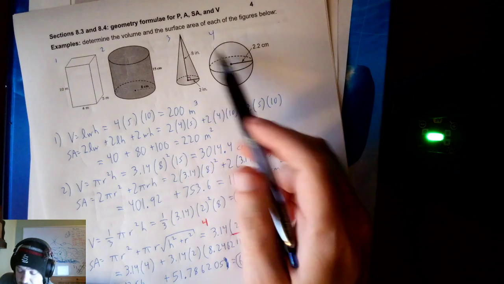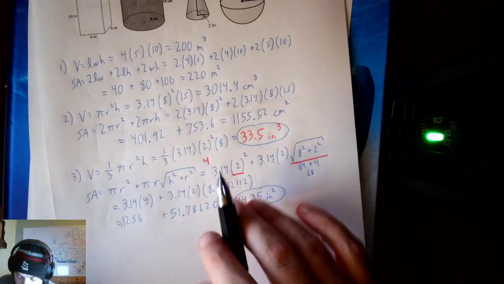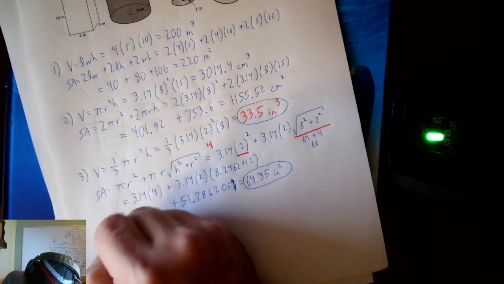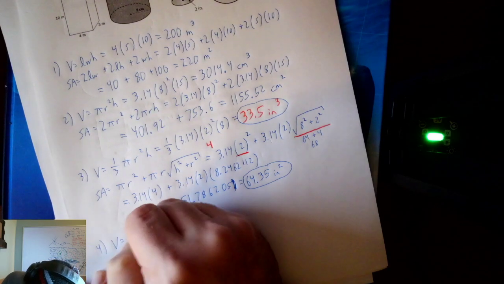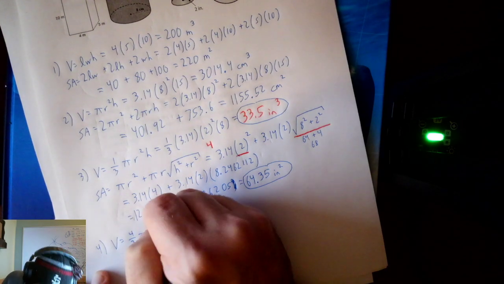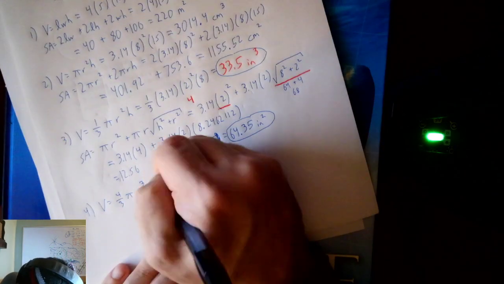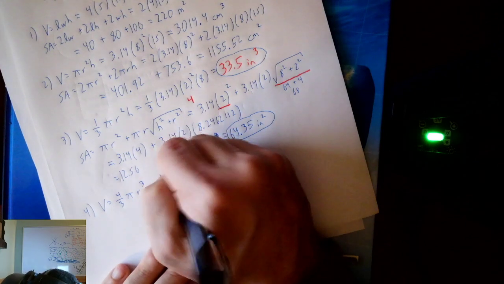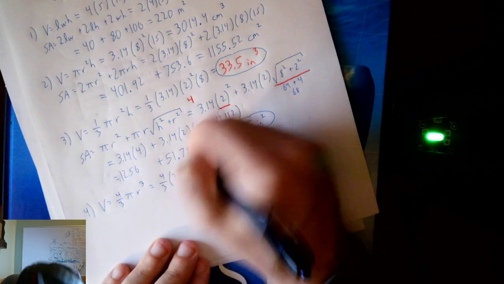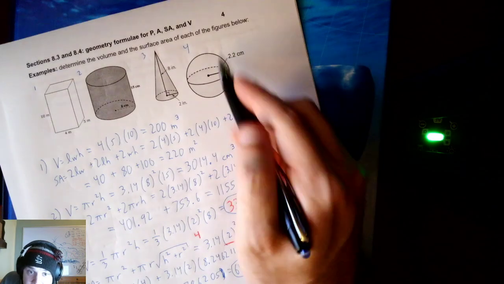We've got our sphere, and we've got its radius. It's 2.2. So for number 4, the volume of a sphere is 4/3 pi r cubed. 4/3 pi r cubed. And r was 2.2, right?